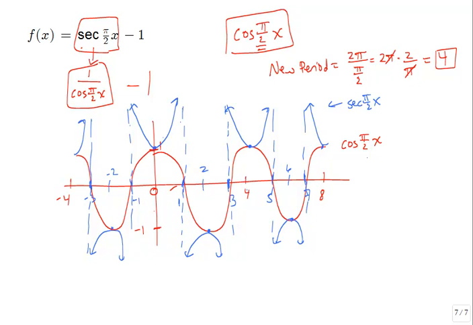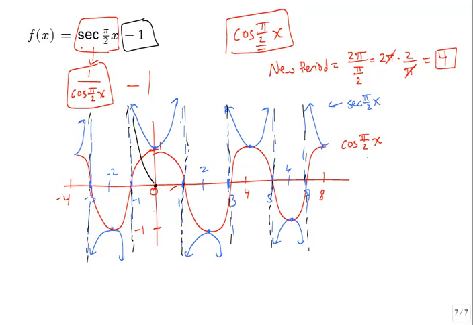Last but not least, we want to put in that shift down 1. Each of these U's is going to get shifted down 1. Notice that's a vertical shift, so it's not going to affect these asymptotes at all. They will stay at -1, -3, +1, +3, +5, +7, and so on. But the U moves down. This one is right now at 1; when I shift that down, it's going to go all the way down to 0.